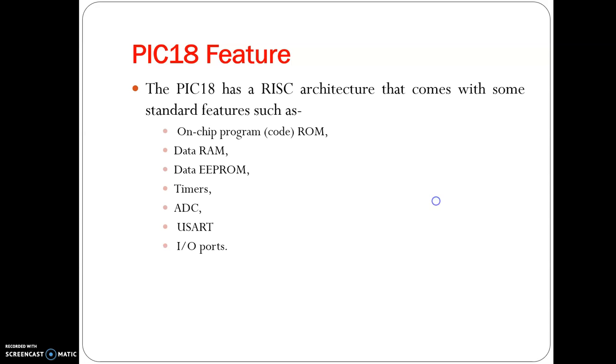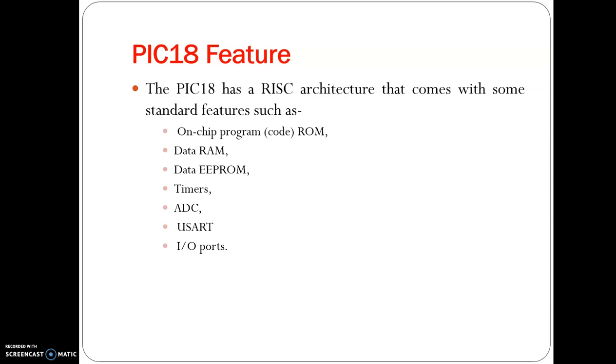The PIC18 has a RISC architecture that comes with some standard features such as on-chip ROM, also called code, because on it I am going to store my program, data RAM, data EEPROM, timer, ADC, USART, nothing but universal synchronous asynchronous receiver transmitter, and the I/O ports.